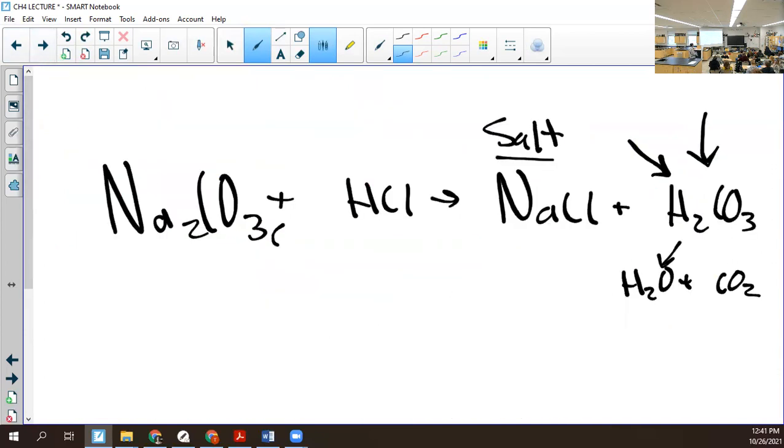Let's say for right now, this is aqueous. HCl, strong acid, so that's aqueous. NaCl, is that strong or weak electrolyte? Strong, it's aqueous. H2O is water, which is a liquid. CO2 is a gas, which gets a G.